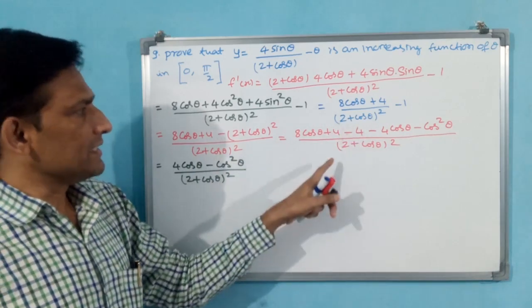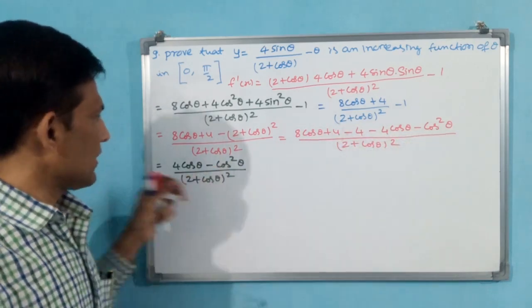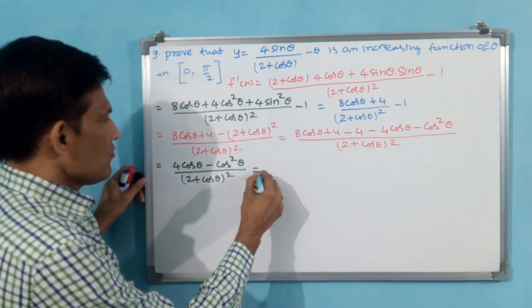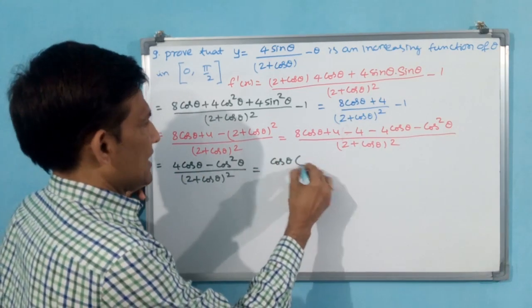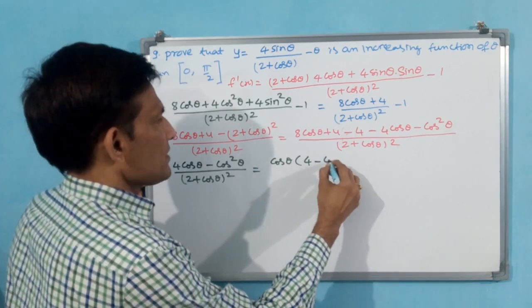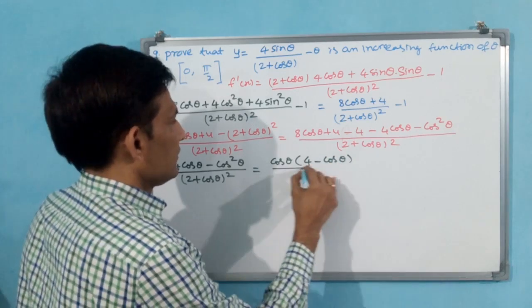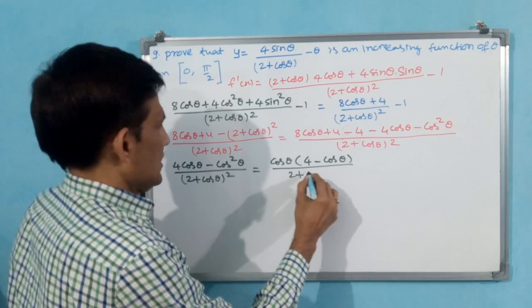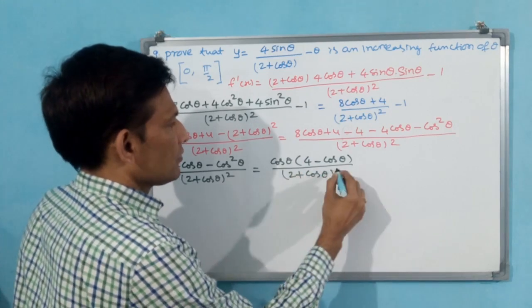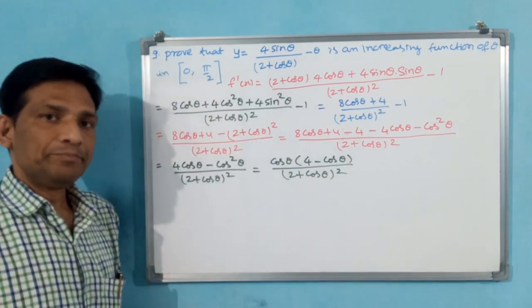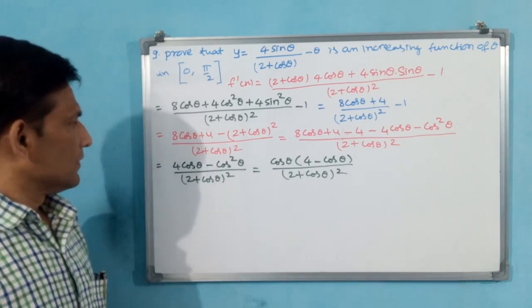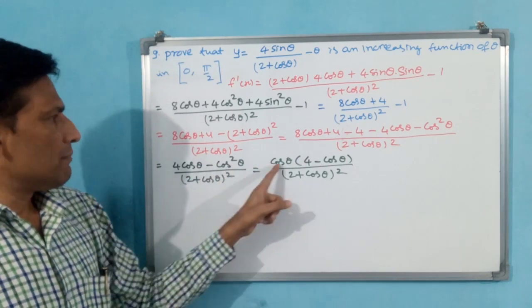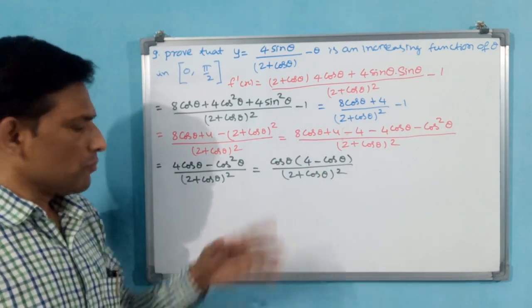Minus 4 plus 4 cancelled. 4 cos theta minus 4 cos square theta. You see, now you take cos theta as common. 4 minus cos theta, over 2 plus cos theta whole square. Is it okay? First you see. Four cos theta minus cos square theta divided by 2 plus cos theta whole square.